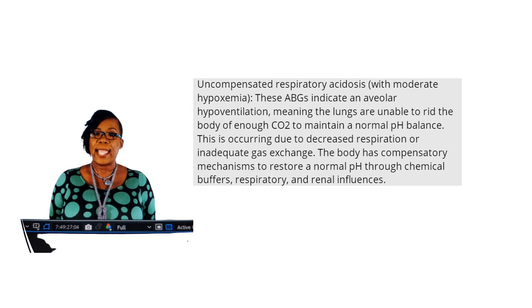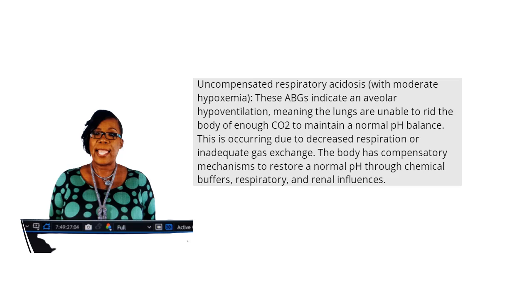When we look at uncompensated respiratory acidosis with moderate hypoxemia, that's low oxygen in the blood, these ABGs indicate an alveolar hypoventilation, meaning the lungs are unable to rid the body of enough CO2 to maintain a normal pH balance.